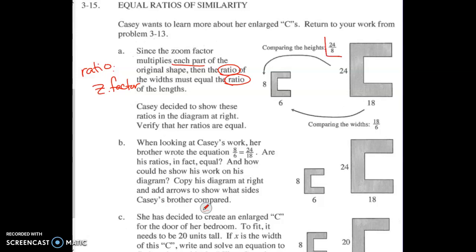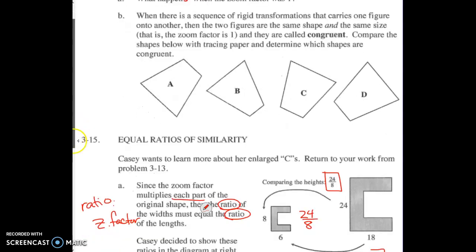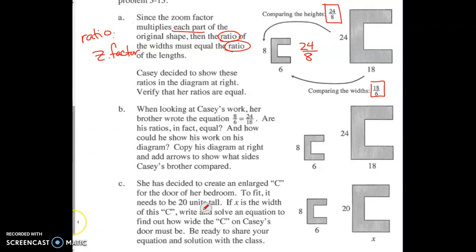So when we compare the heights, we've got 24 over 8. When we compare the widths, we've got 18 over 6. There are a couple of different ways to compare this. One would just be, kind of going back to that comic from the beginning, if you didn't see it, here it is, proving that the fractions are equivalent, or that they're worth the same. One way we can do that is by looking at those fractions and saying, does 24 over 8 equal 18 over 6?